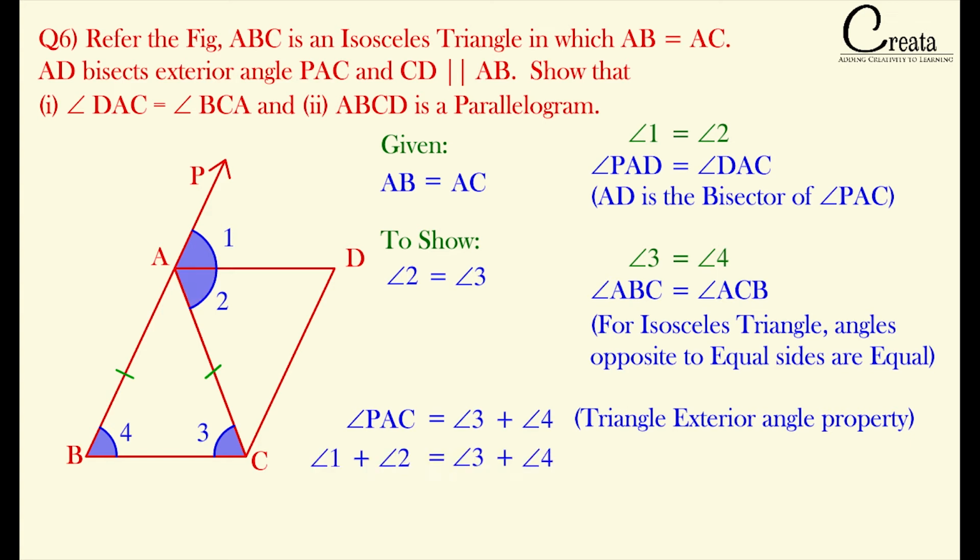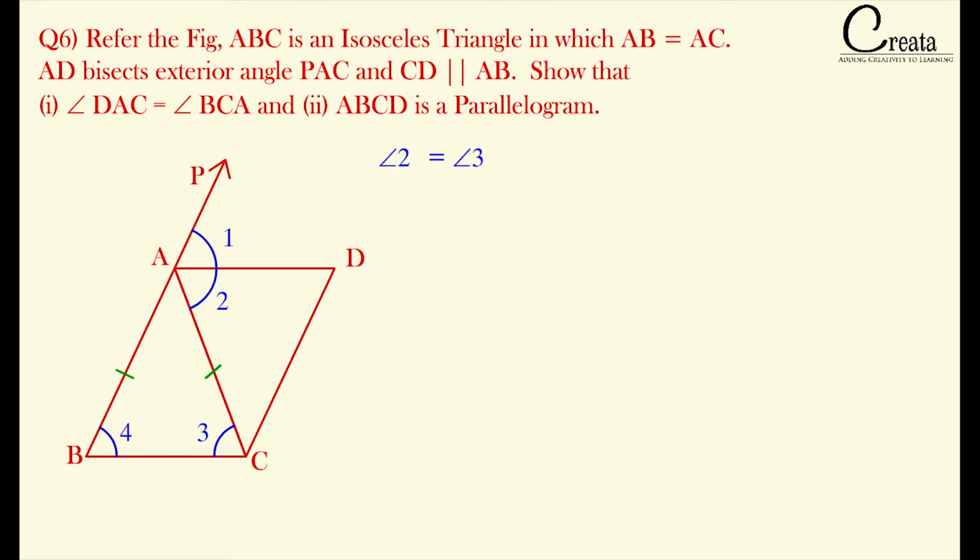So angle 1 plus angle 2 is equal to angle 3 plus angle 4. And we know angle 1 is equal to angle 2 and angle 3 is equal to angle 4. Let's replace the angles. So we get twice of angle 2 is equal to twice of angle 3. That is, angle 2 is equal to angle 3. We have proved the first part of the question.